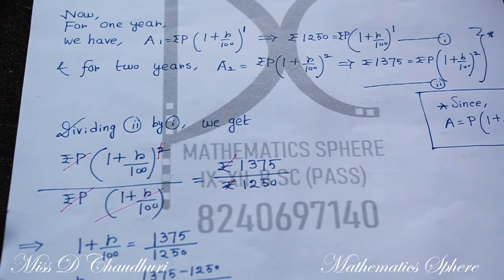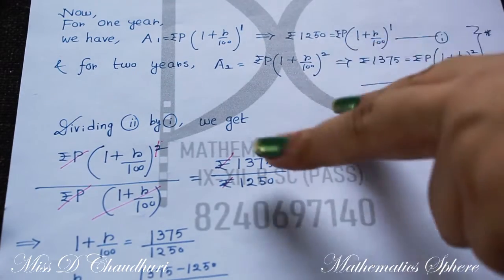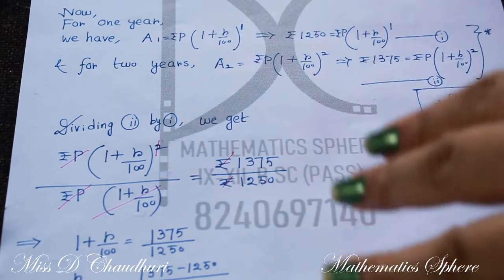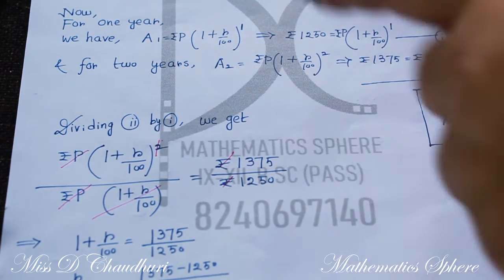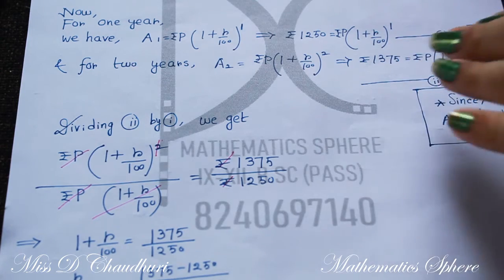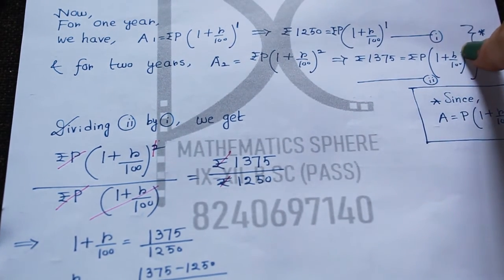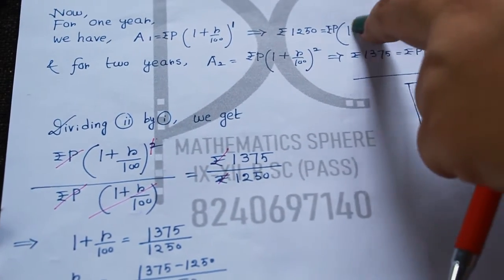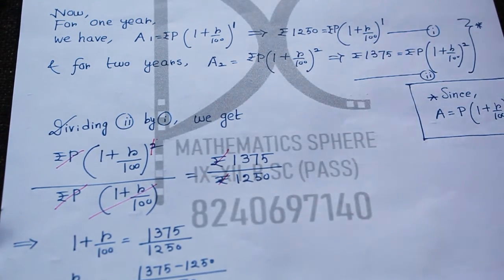Whenever you are asked for the principal and rate, you form these two equations, you divide one by the other, P will get cancelled for the time being. Now you first find the rate. After finding the rate, you put it in any of the equations, not any, I will not suggest putting it in this one, this will be much bigger because the square is there. So in this one you put it, and after putting you simplify this and shift it to the other side, you are going to get the value of P, that is the principal.